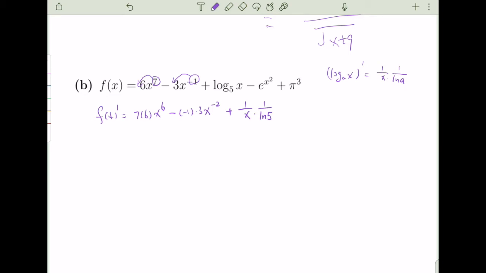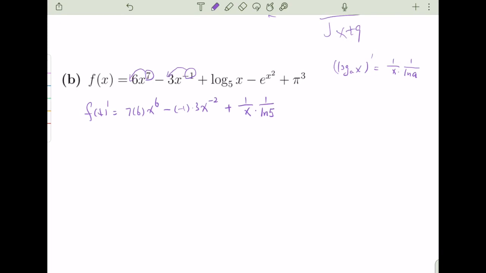and the next term here, okay, so it uses the chain rule, so I assume that you've covered the chain rule in class. So this one is a composition of two functions.